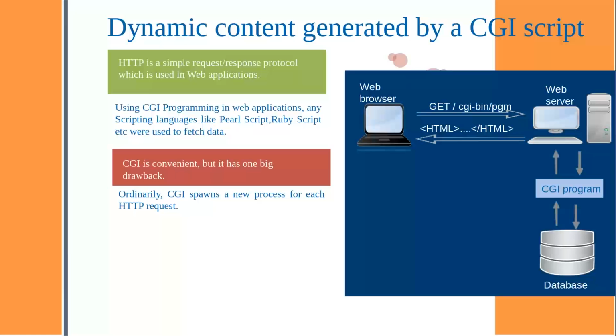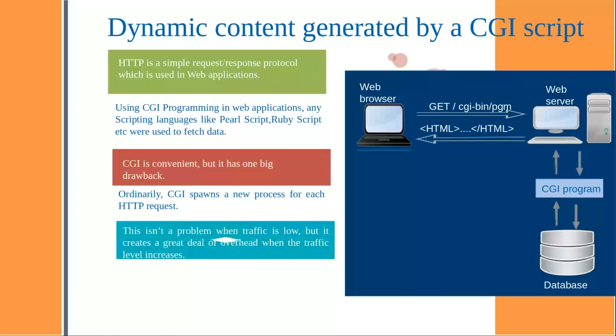This isn't a problem when the traffic is low, but it creates a great deal of overhead when the traffic level increases. As the traffic level increases, the scalability of the program reduces if we use CGI. So that was the problem of CGI. CGI in general doesn't scale well. That is, a scalability problem comes when we use CGI scripted programs.